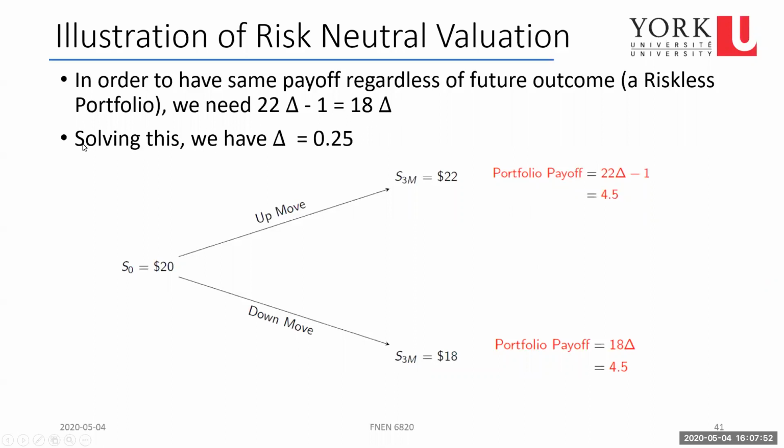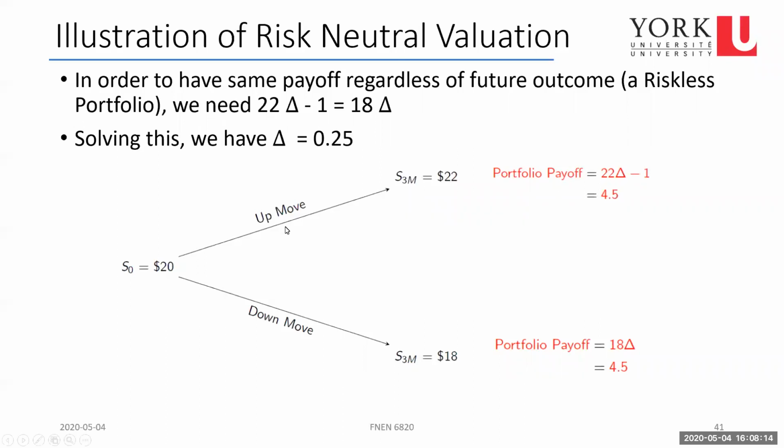If you solve that, you get delta equal to 0.25. So if you select a delta equal to 0.25, you create yourself a riskless portfolio, because in either case, they will give you the same value.